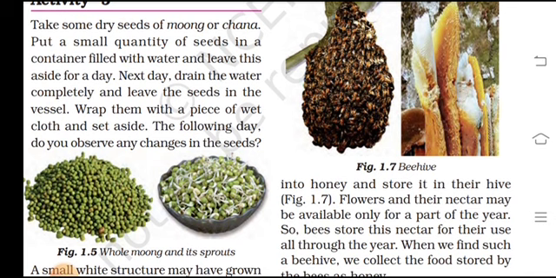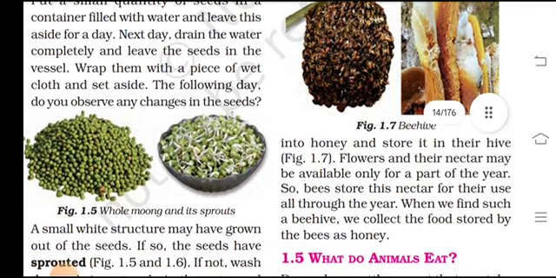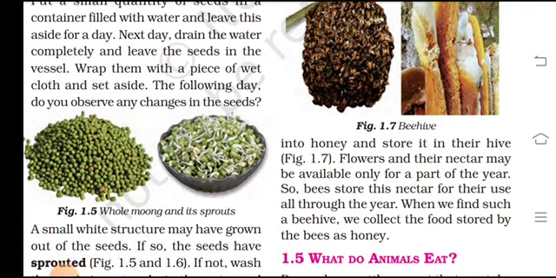Drain the water completely and leave the seeds in the vessel and wrap them with a piece of wet cloth and set aside. The following day, do you observe any changes in the seeds?